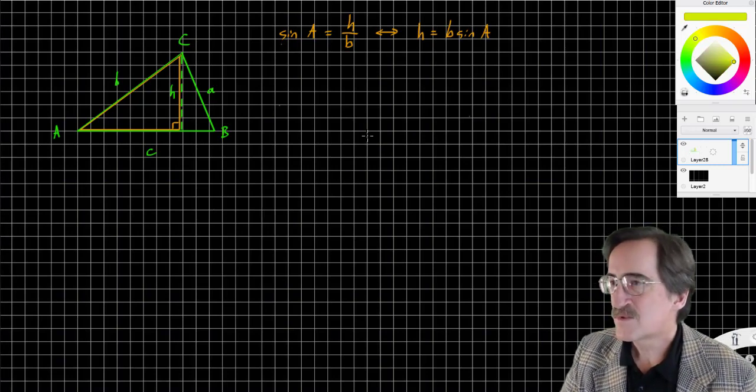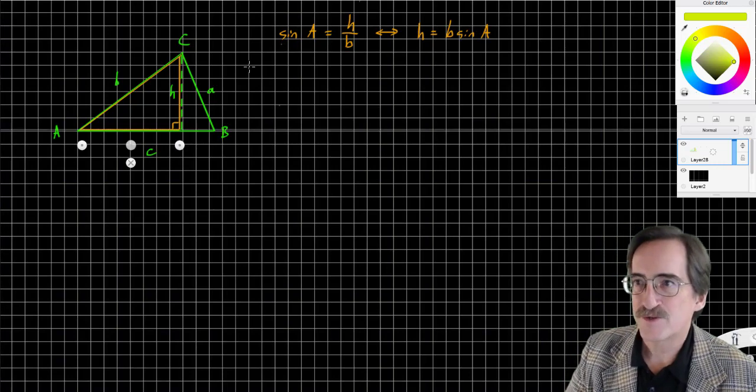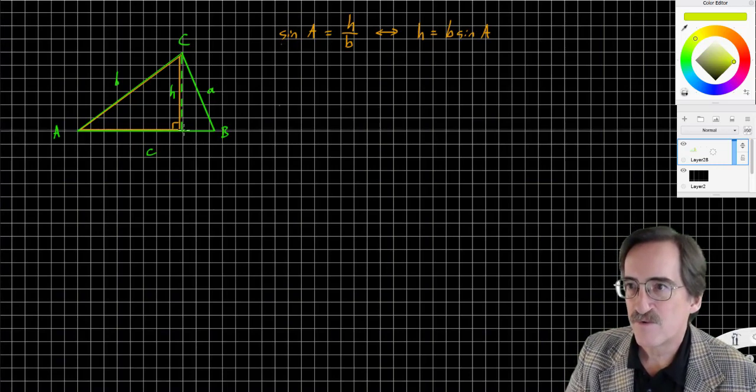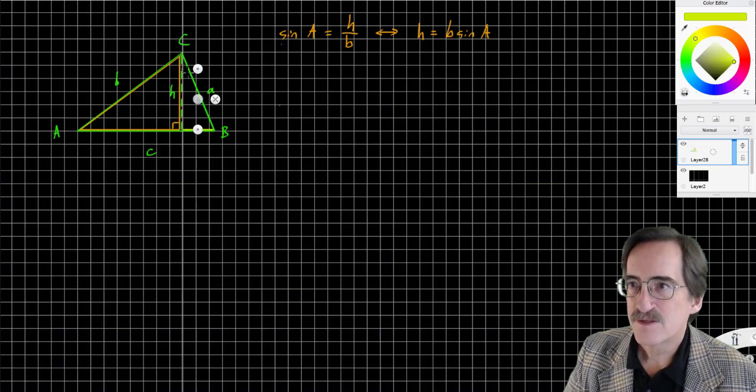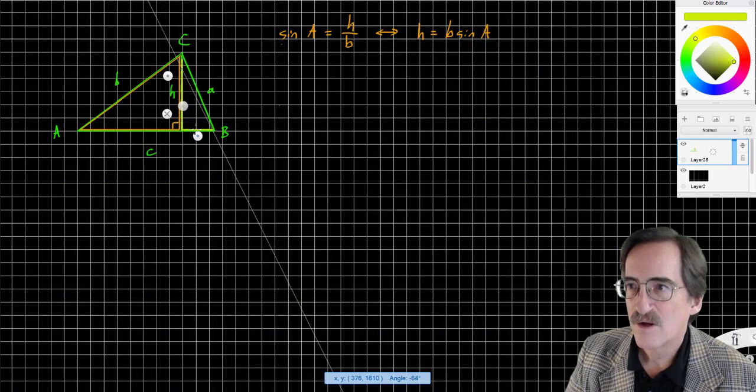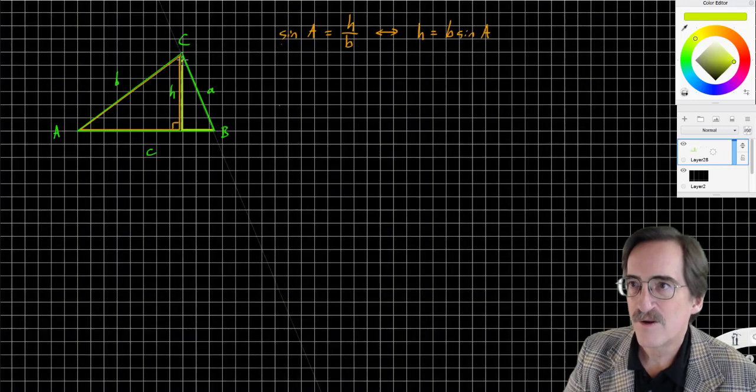Now I want to look at another right triangle, the right triangle formed by angle B and the height, the altitude. So here we go. Angle B right here.